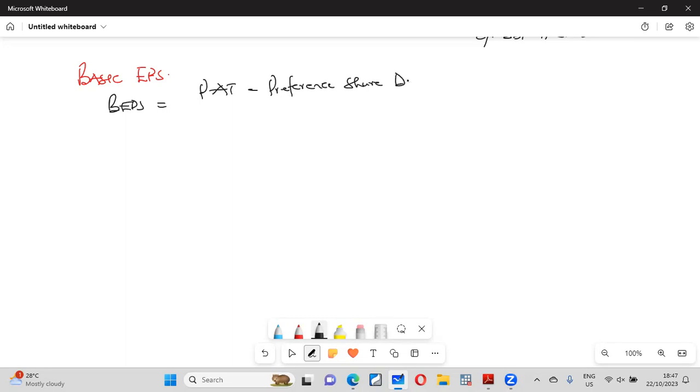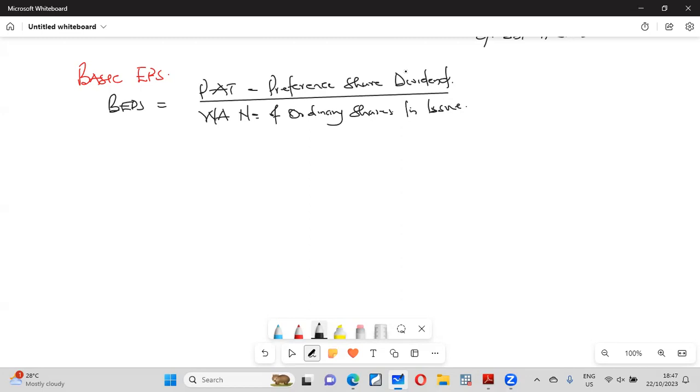Some people also call it profit available to ordinary shareholders. It means the same thing. So profit after tax minus preference share dividend, all divided by the weighted average number of ordinary shares in issue.